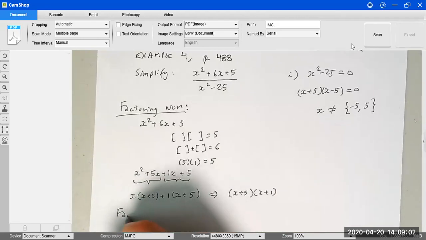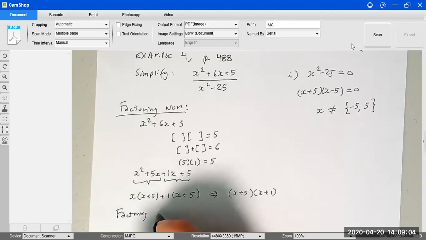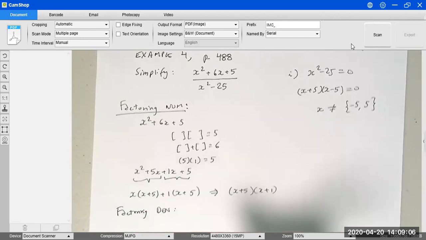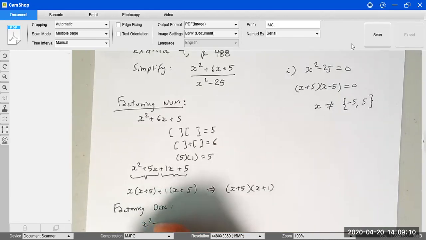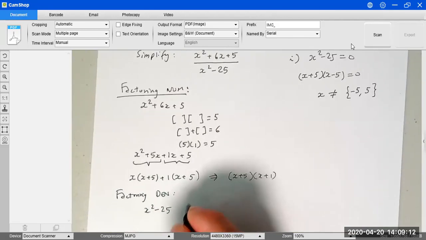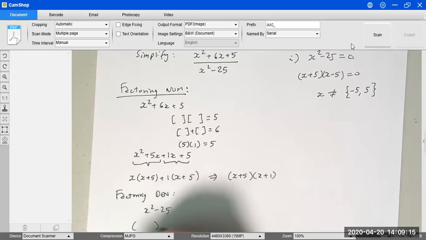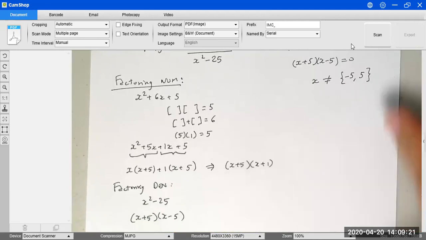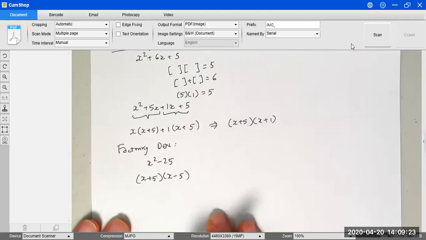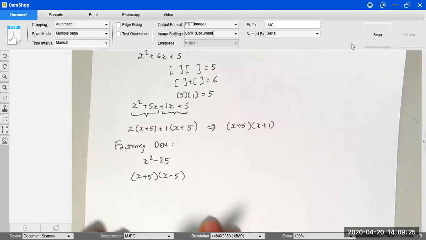Now I'm going to factor the denominator. I already factored the denominator here. So x squared minus 25 can be written as the product of x plus 5 and x minus 5. You need to remember how to do these steps. If not, you need to check back the previous chapters.